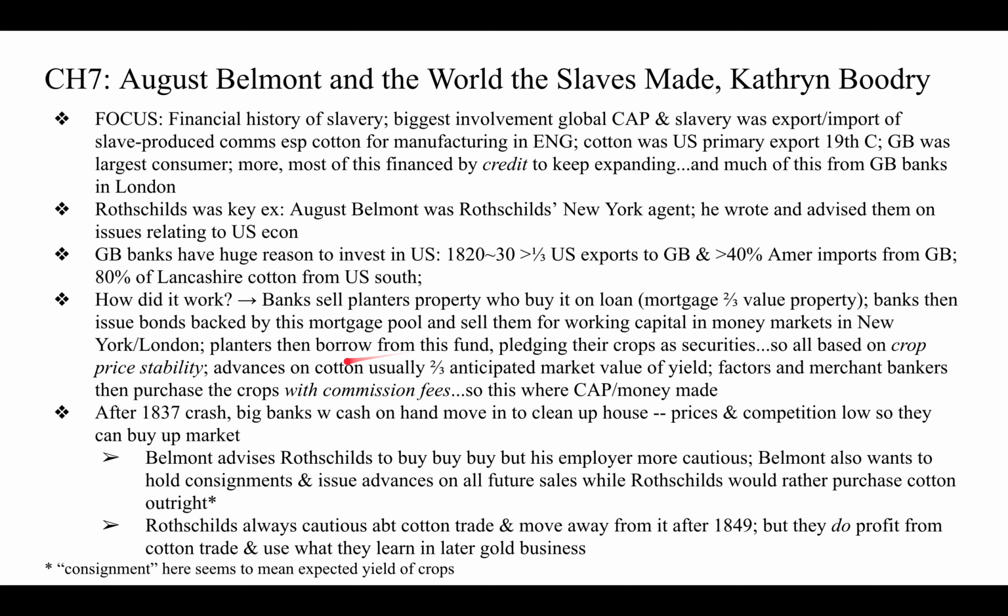So it was all based on crop price stability, not to mention the productivity of slaves picking cotton. And advances on cotton usually were two-thirds the anticipated market value of the yield. Factors and merchant bankers then purchased the crops with commission fees. So this was where capital and money was made in this system.